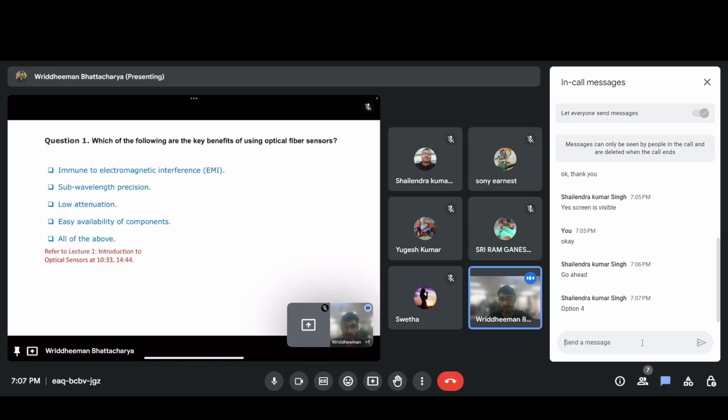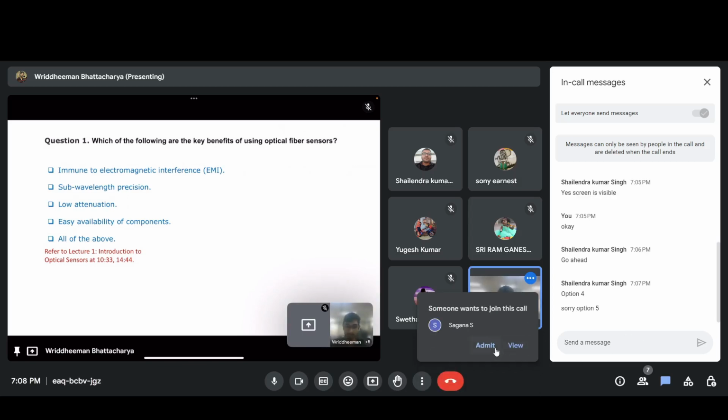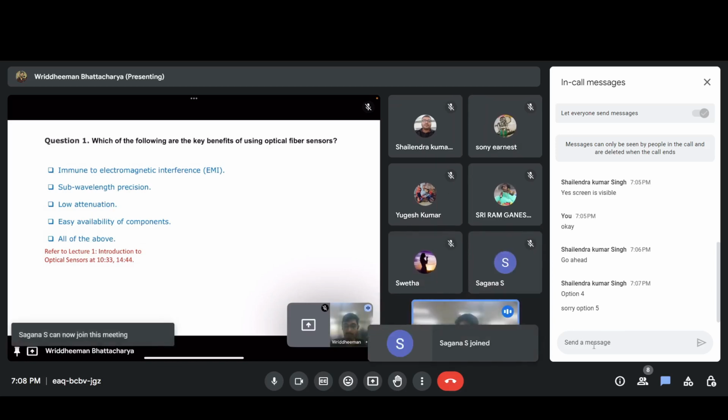Okay, option four, easy availability of the components, you are telling, Shailendra, right? According to the question, yeah, option five.